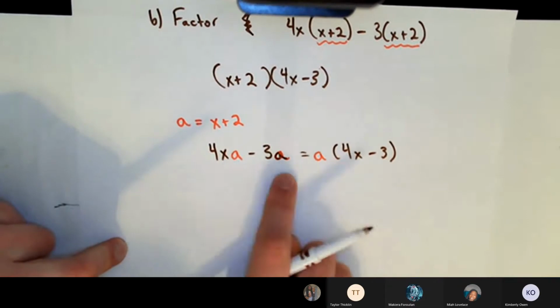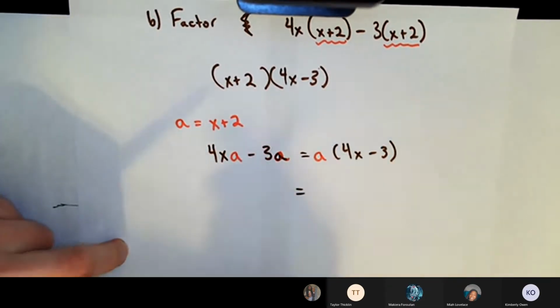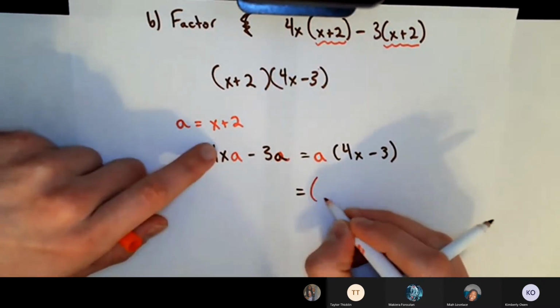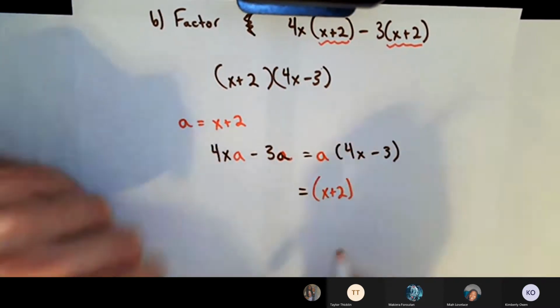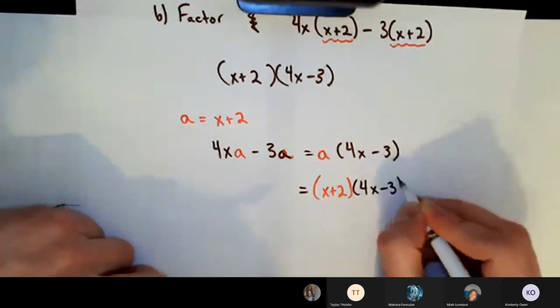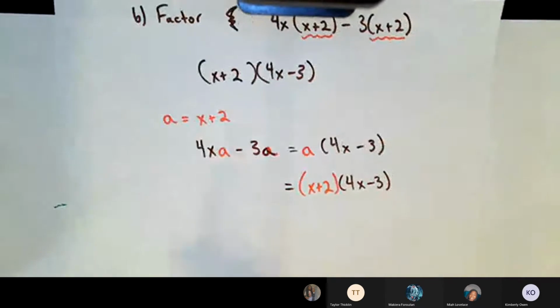Then I can just replace that a with x plus 2, and since I'm introducing two terms, I will wrap it in parentheses now, and there we go. So that might bring it home for you and help make sense of this.